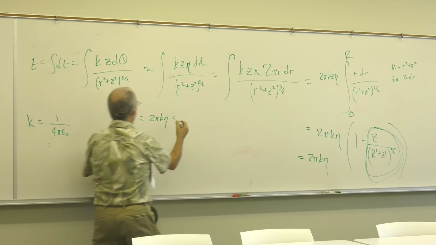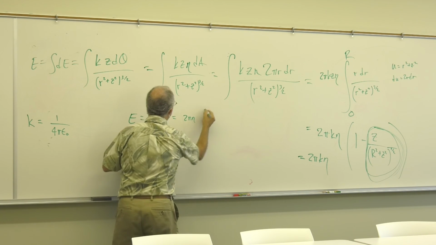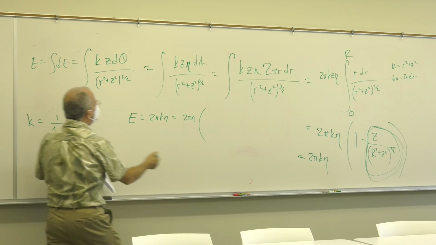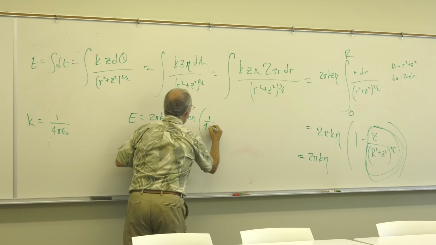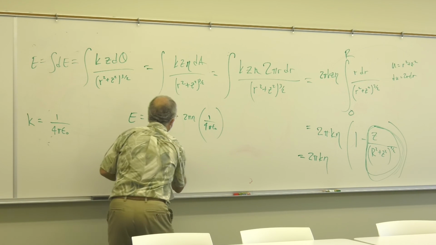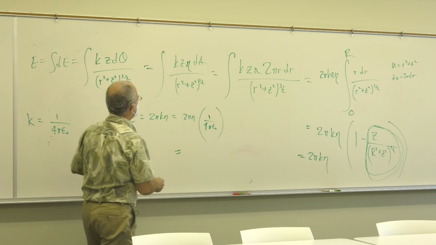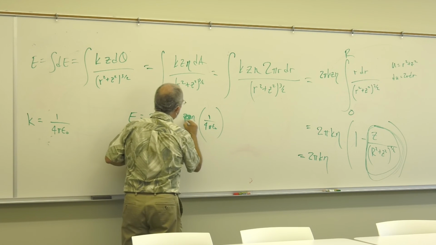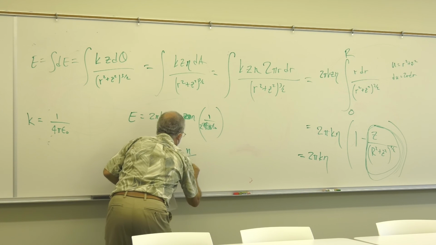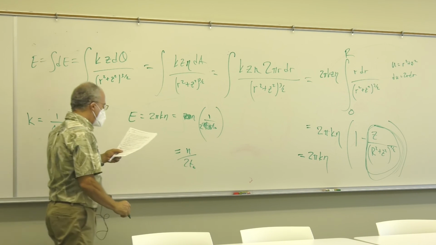Let's do it. So we have 2 pi eta times 1 over 4 pi epsilon 0. You don't have to do this, by the way, but everybody does. So what do you notice? The 2 pi and the 4 pi cancel, so we just get a 2. So we just have eta over 2 epsilon 0.